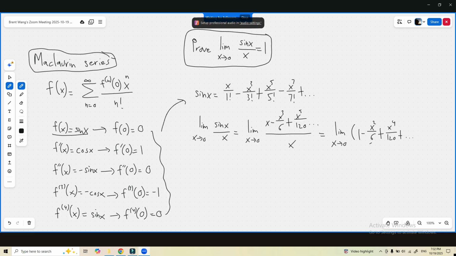As x goes to 0, all of these values cancel out to 0, and you're just left with 1. So once again, our solution is correct.